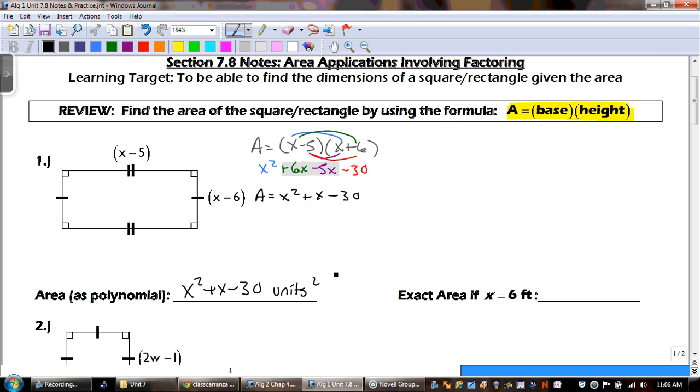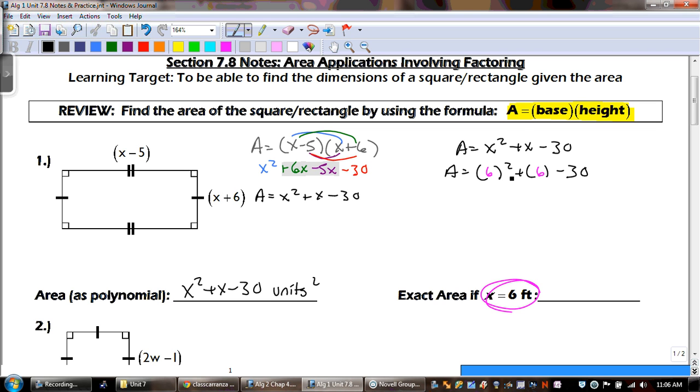So now for the next part, it says that the exact area is 6 feet. So if I know that my exact area is 6 feet, I can plug it into this formula and find out exactly what it is. So we're going to plug in a 6.